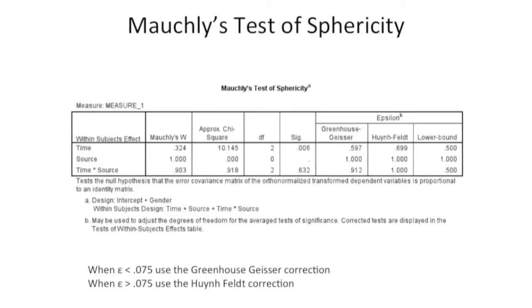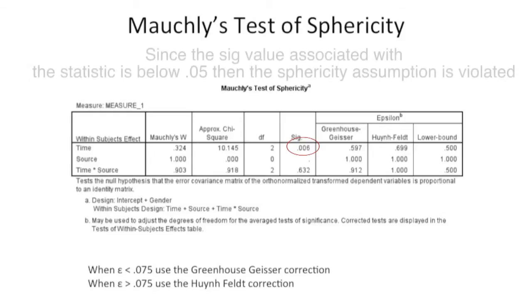If Mauchly's test of sphericity is non-significant, that is, the significance is greater than 0.05, the assumption of sphericity has been met. In this example, the statistic is 0.324, with a significance value of 0.006. Since the sig value associated with the statistic is below 0.05, then the sphericity assumption is violated.